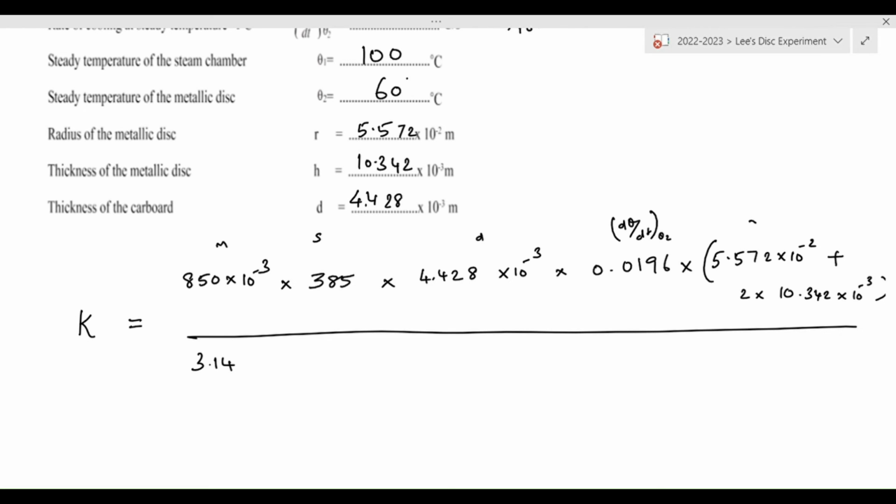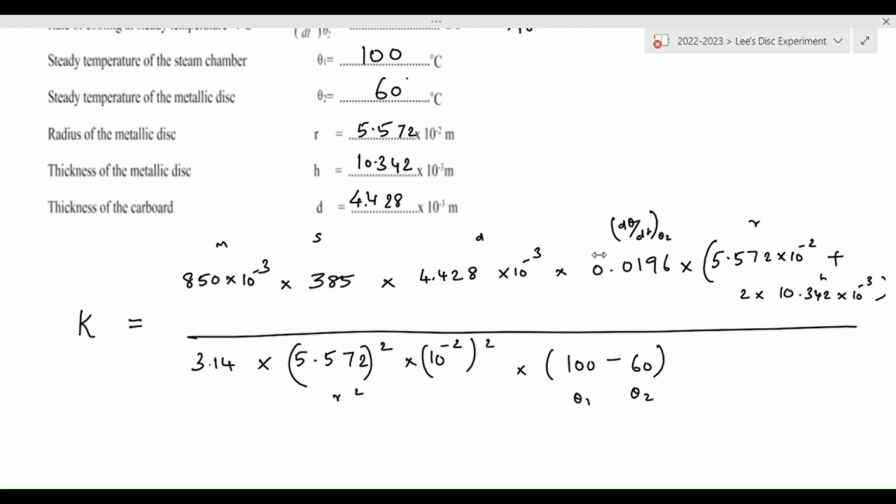This is R and this is H, into pi R squared, 5.572 squared × 10^-2 the whole squared. Pi R squared, theta 1 minus theta 2. Theta 1 is 100 minus theta 2 is 60 degrees Celsius, into 2R plus 2H.